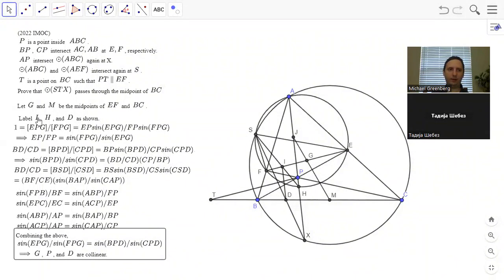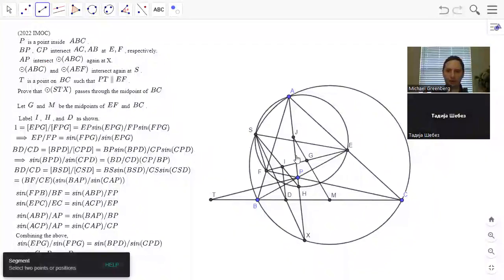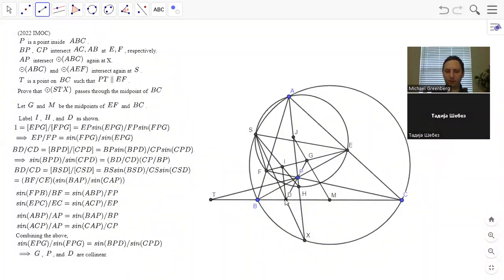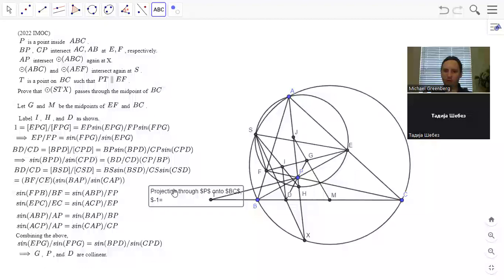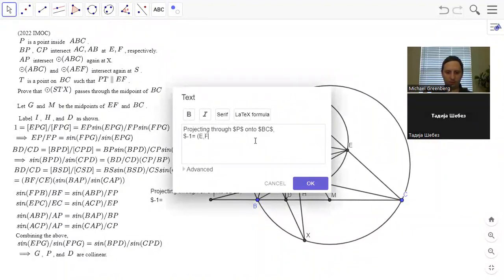And then projecting through P onto BC, we have -1 is equal to (E, F; G, infinity), which is equal to (B, C; M, T).